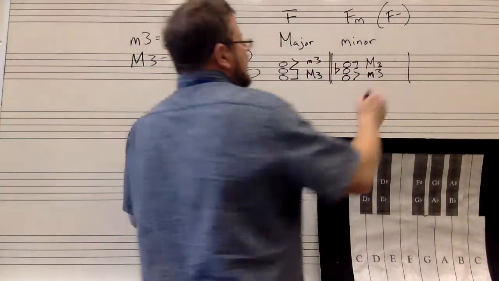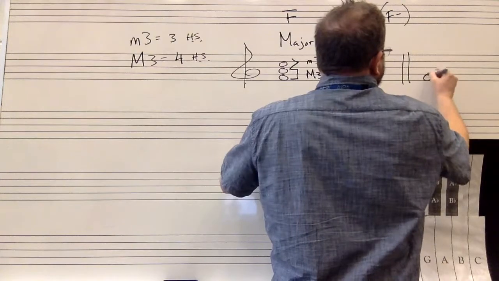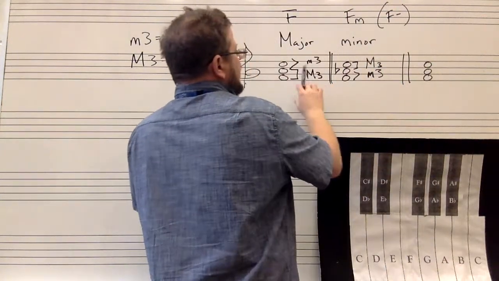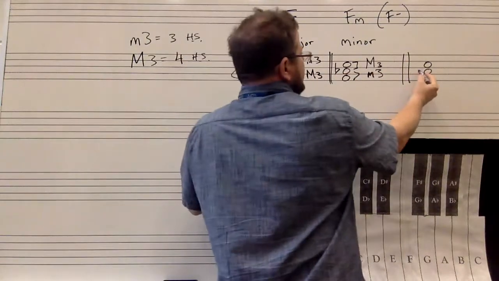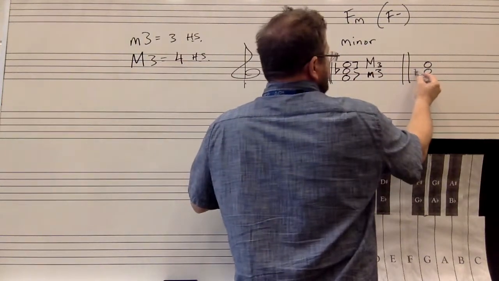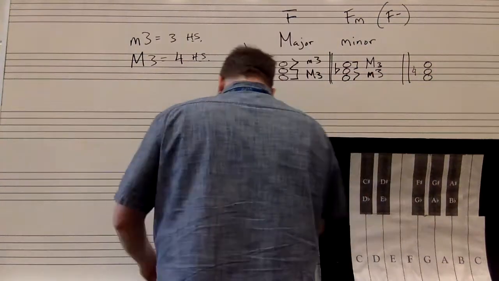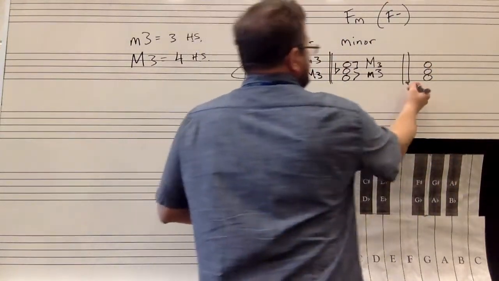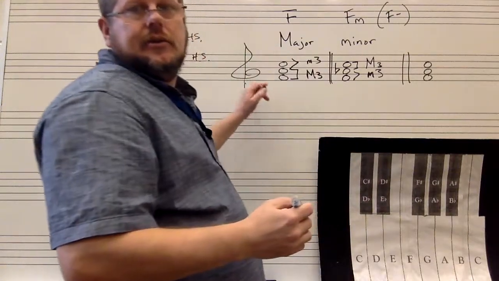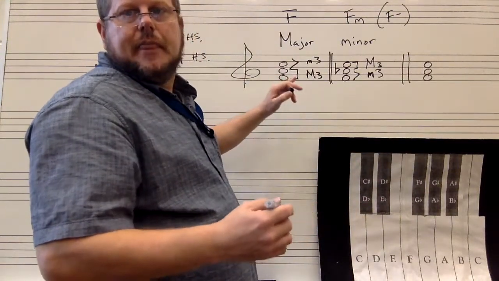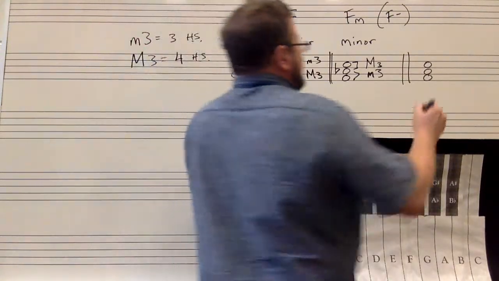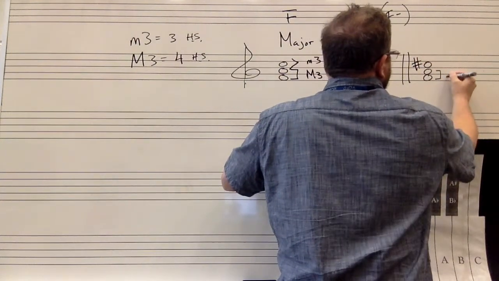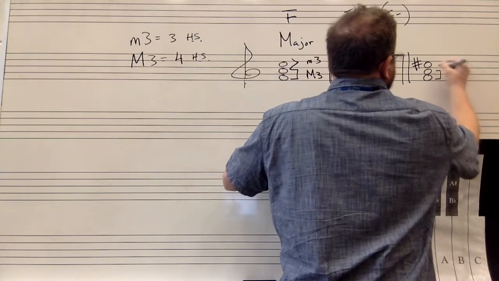Now, the other two work like this. If I had back to my A here, this is A natural now, okay? I'm going to erase that, but I have my double bar here, so we're back to the natural. So if I had A natural and C sharp, then I have two major thirds.